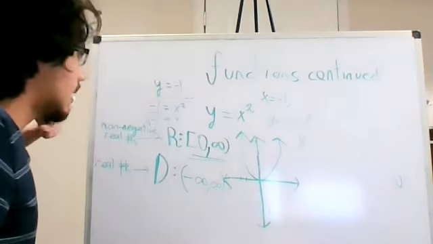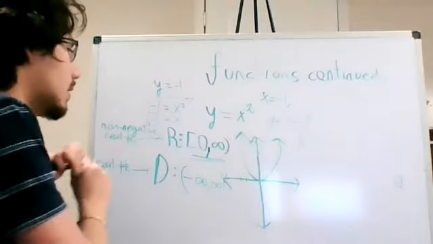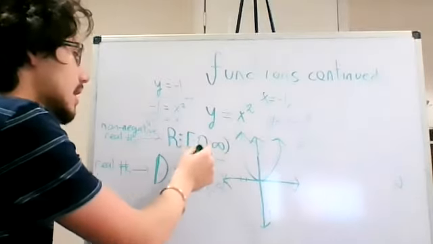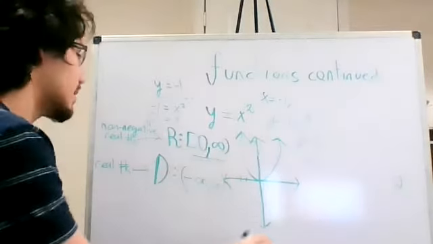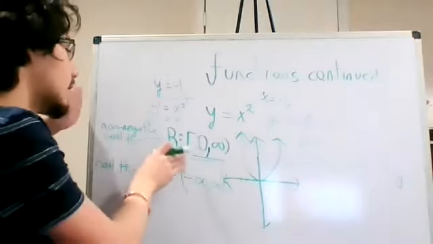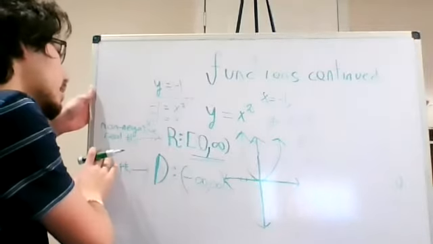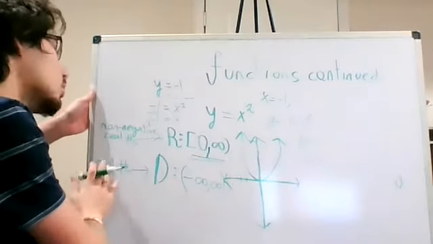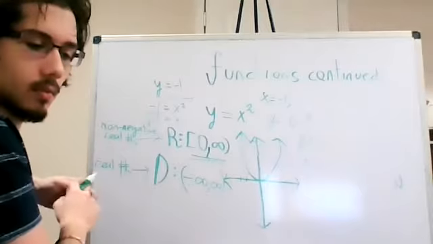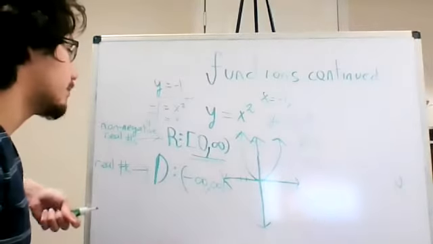Sometimes you can answer with sets, such as this, which describe the range and the domain, or you can answer by saying, in this case, non-negative real numbers, or in this case, all real numbers. It's kind of a matter of preference.